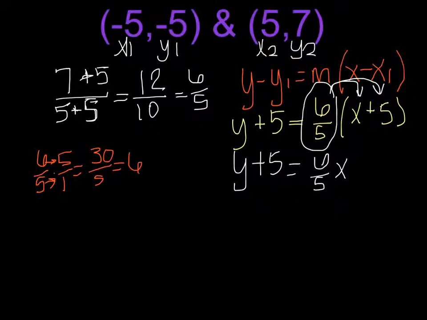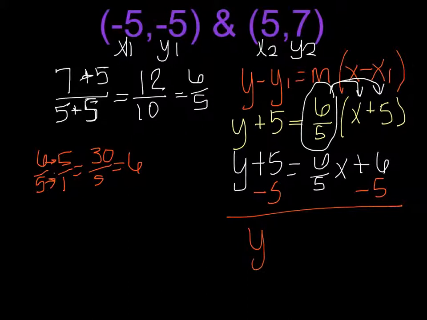So at the end of this equation, it should be plus 6. Our last step, subtract 5 from each side. Y is equal to 6/5 x plus 1.